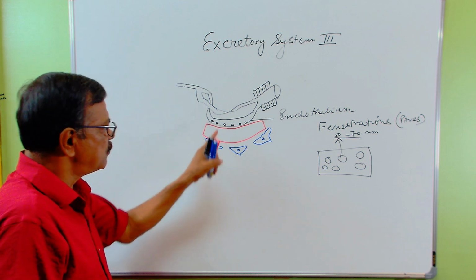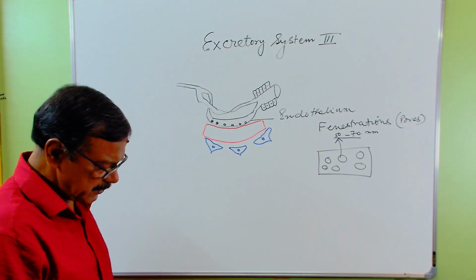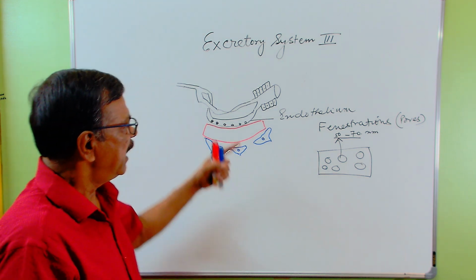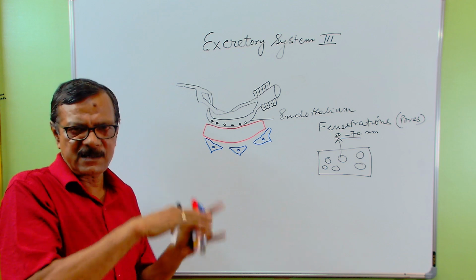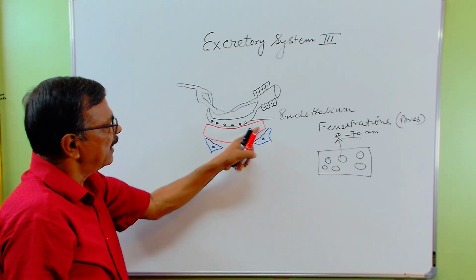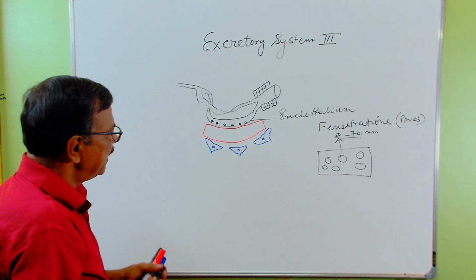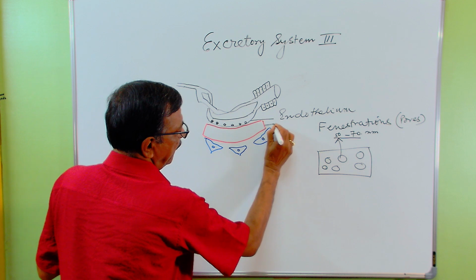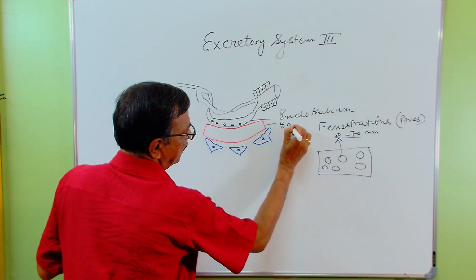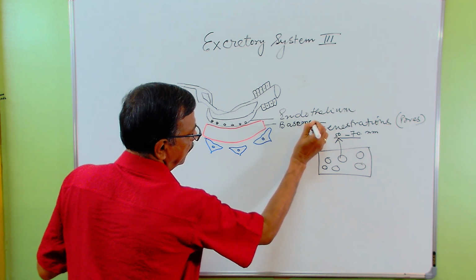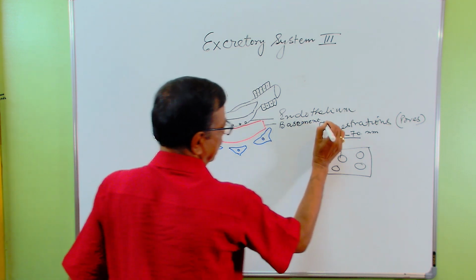Now from these fenestrations, the molecules, the urinary waste, metabolic waste products, along with water and some important items go out. And it has a barrier inside. This barrier is known as the basement membrane.